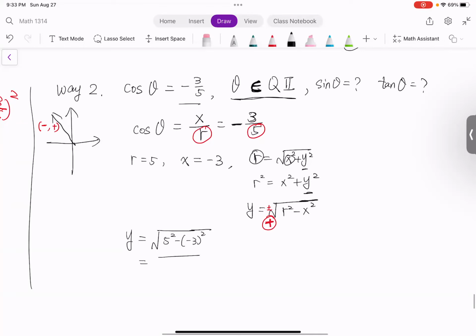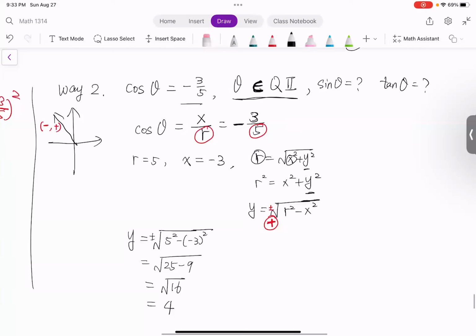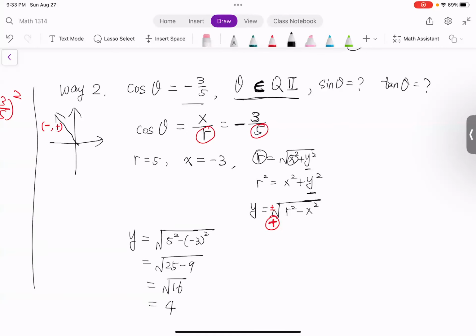Let's do the simplification. 25 minus 9. So I'm having square root of 16, that is 4. I didn't put a positive or negative sign here because I know that this is a positive y. But later in the other quadrants, like quadrant 3 and quadrant 4, I must have a negative y.